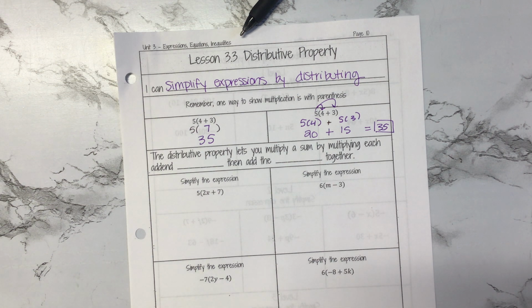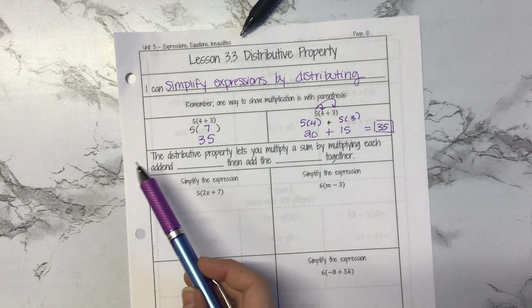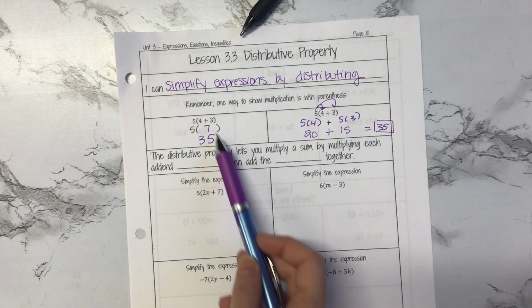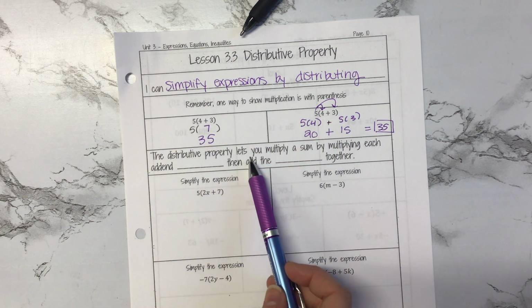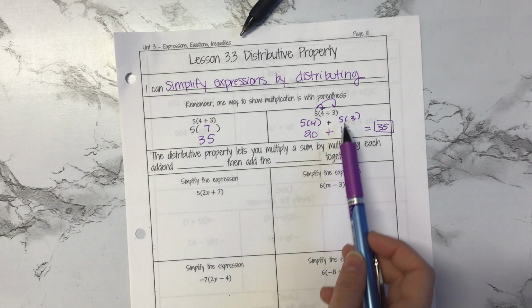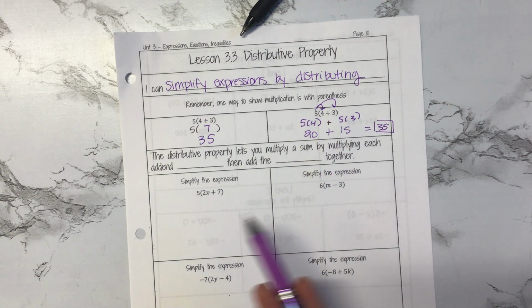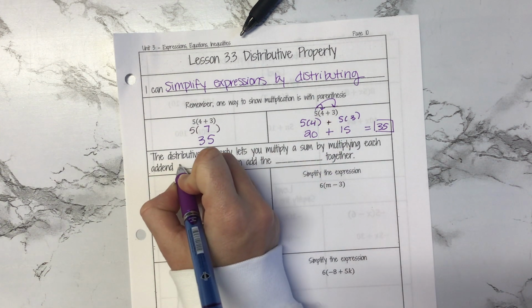That was a lot of words. My bad. So it says the distributive property, so this idea, lets you multiply a sum, so adding two things together, by multiplying each addend separately.